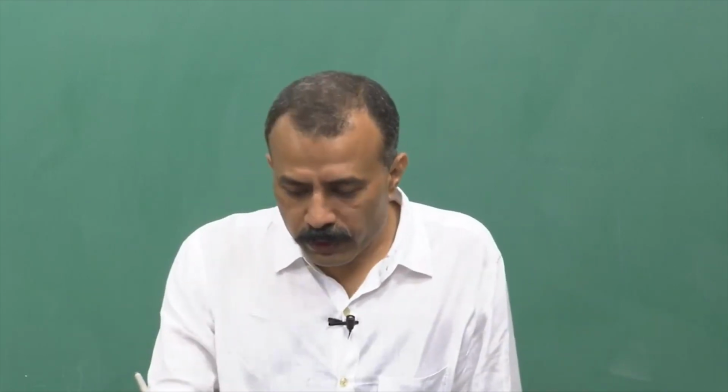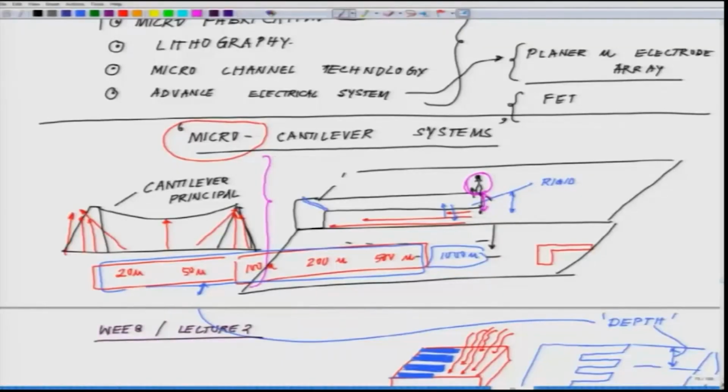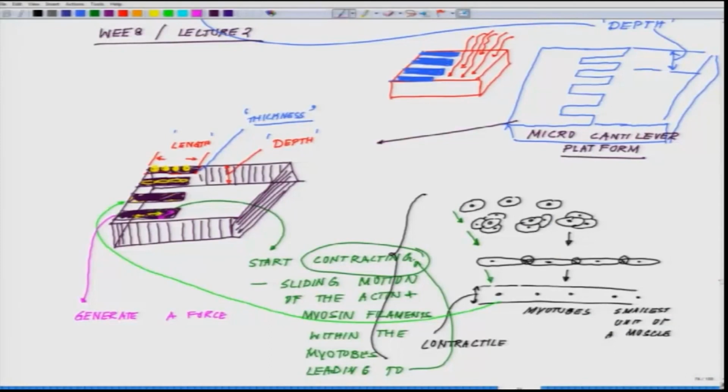If you have understood this analogy, here is the second one: the muscle while contracting will make the cantilever move up and down.